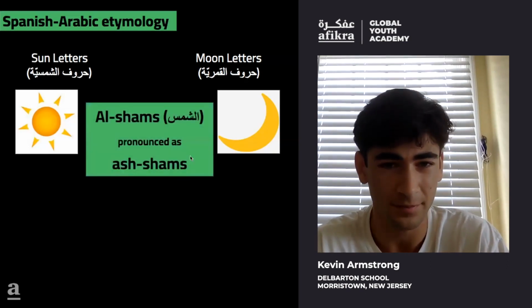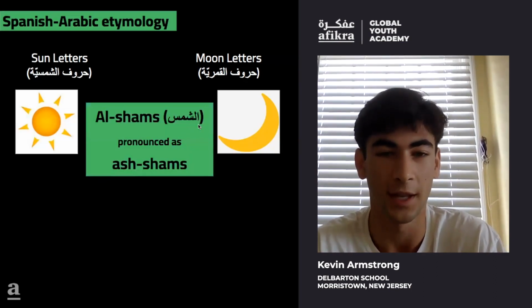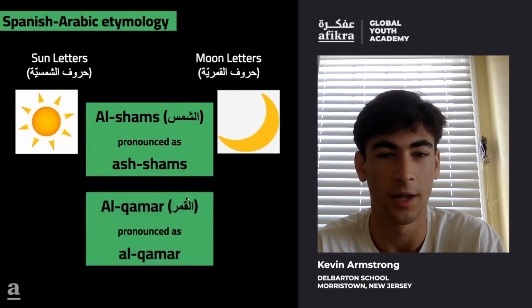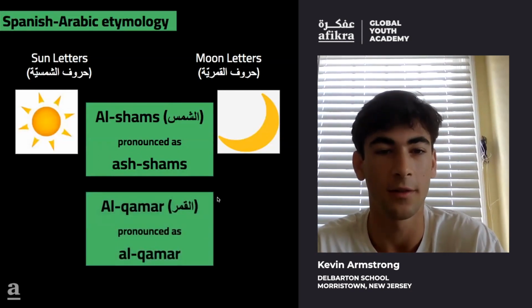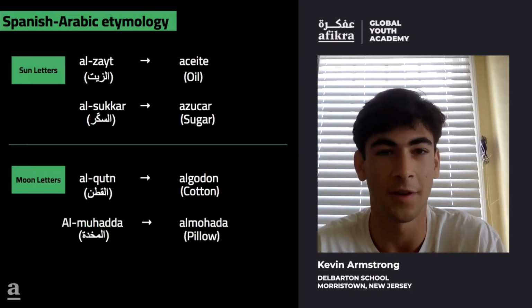So for example, the Arabic word ash-shams, meaning the sun, is actually pronounced without the L sound, ash-shams, because the following letter, sheen, the SH letter, is a sun letter. And conversely, the word al-qamar, meaning the moon, is pronounced as it looks because qaf, the Q, is a moon letter. And so here are some examples of how sun letters and moon letters are reflected in Spanish.